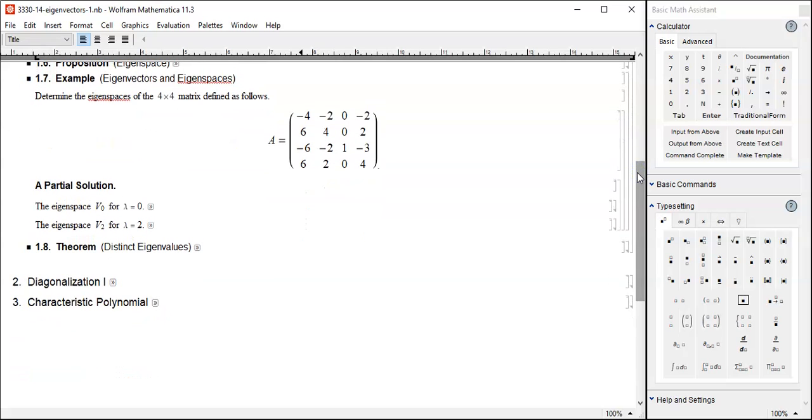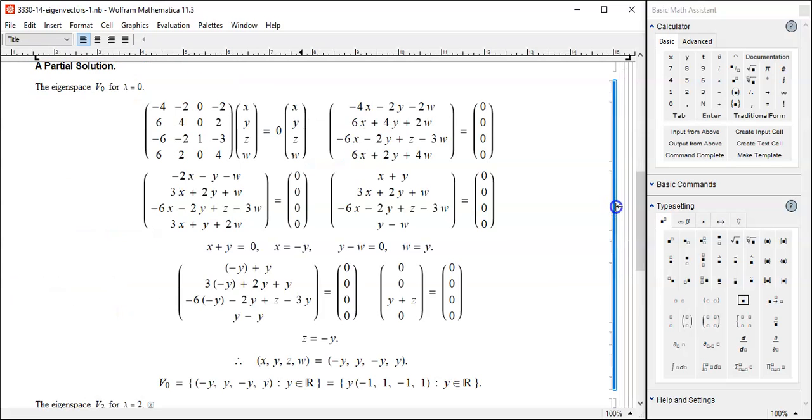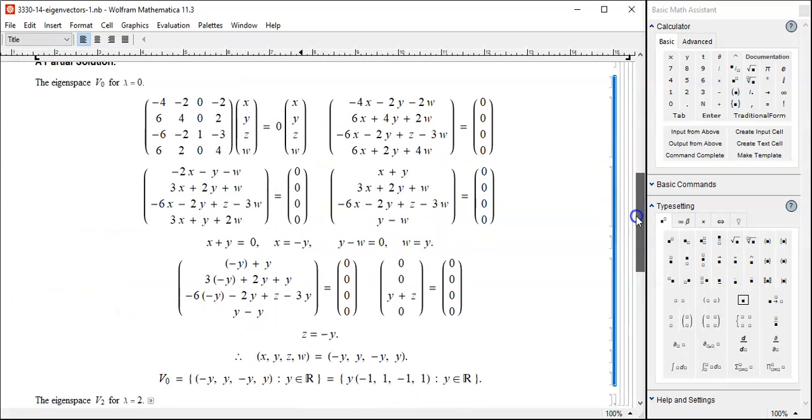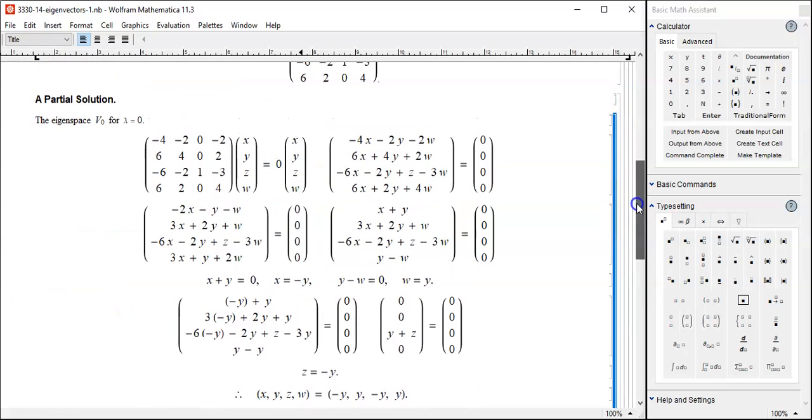Now for the simplest case, lambda equal to 0, we just set up the characteristic equation, basically Av equals 0v, where v is (x, y, z, w), and then just do your computation.